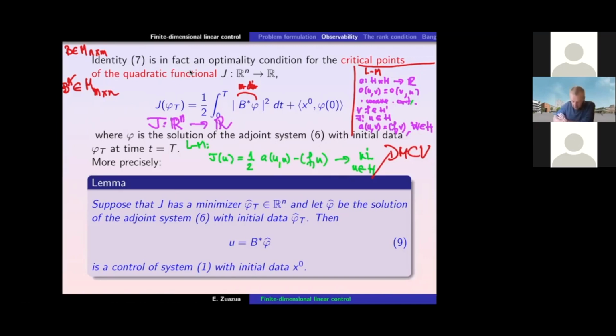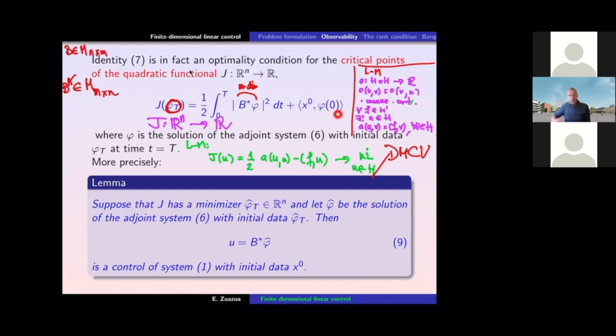Why? Because the functional is actually defined on the space of initial values I can give to the adjoint state at the time capital T. So this is just a quadratic functional on a Hilbert space. In this case, the Hilbert space is just Rn, the Euclidean space, and I just need to minimize it.